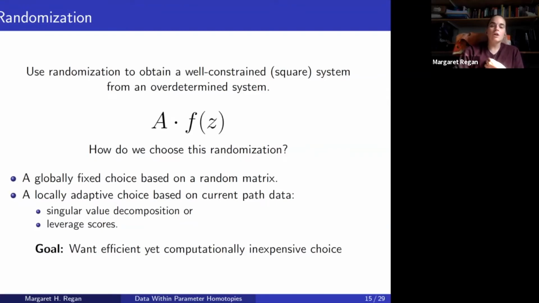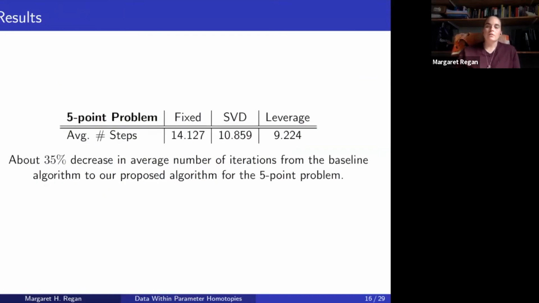Our goal is to take an efficient yet not computationally expensive choice. We want to balance those things, which is always the hard part about numerics: you want to keep efficiency and accuracy, but not get too computationally expensive. Without getting too much into the details of the singular value decomposition and leverage score randomization matrices, you can consult the paper, and we can talk later about the structure if you'd like.